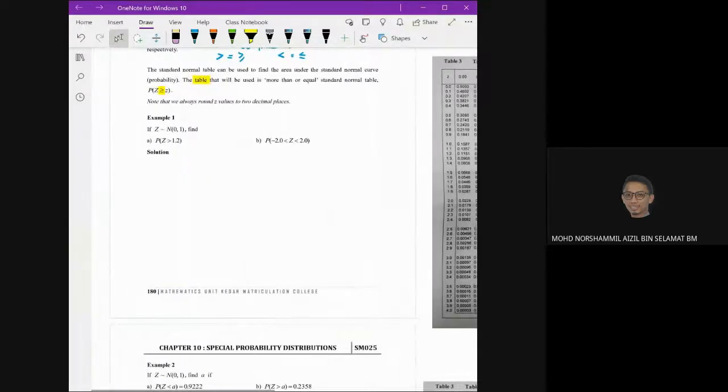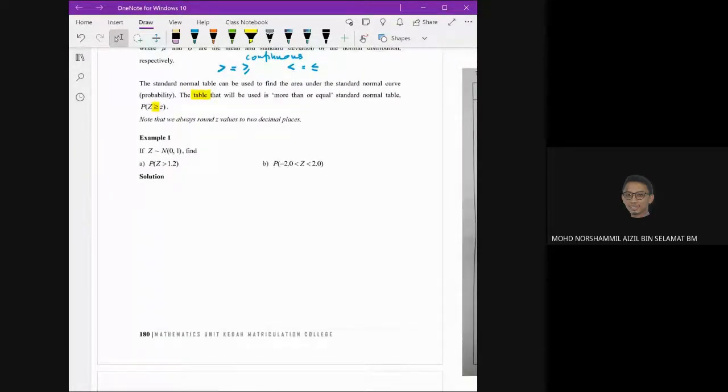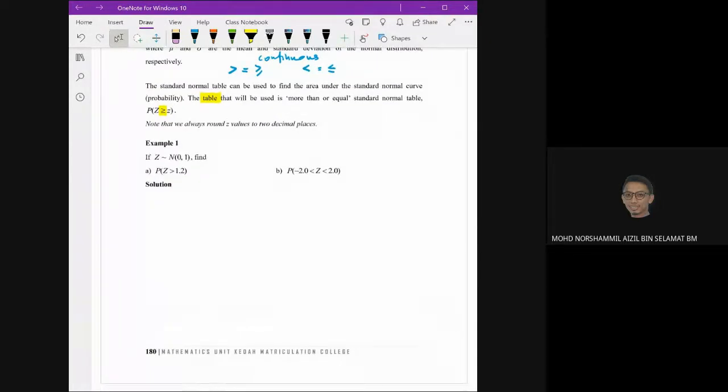Okay, so let's do the first example. Given the distribution is straightforward, the table itself. Maksudnya kalau dia bagi normal mu 0, sigma squared 1, boleh terus directly tengok table.